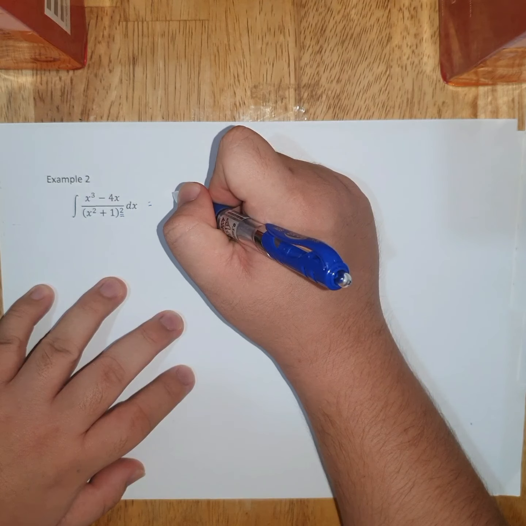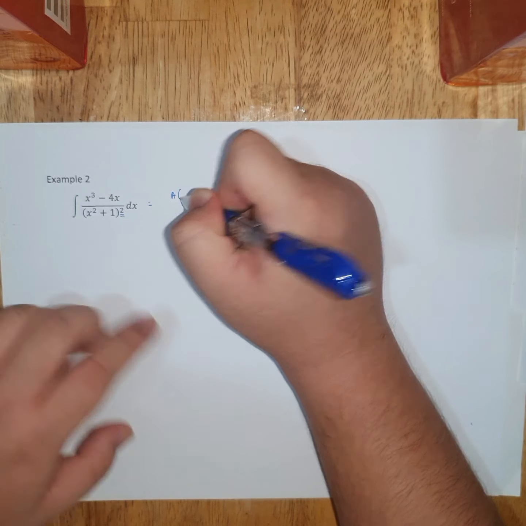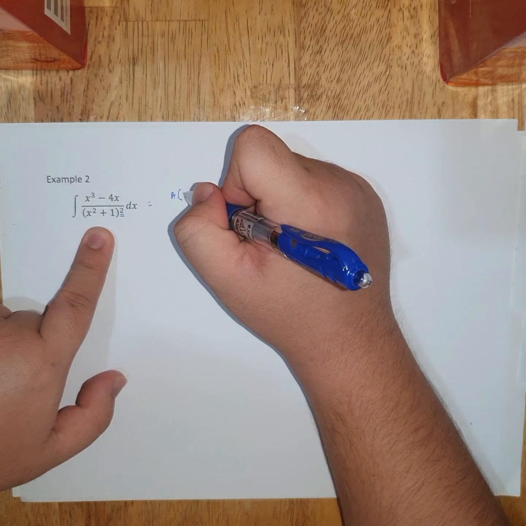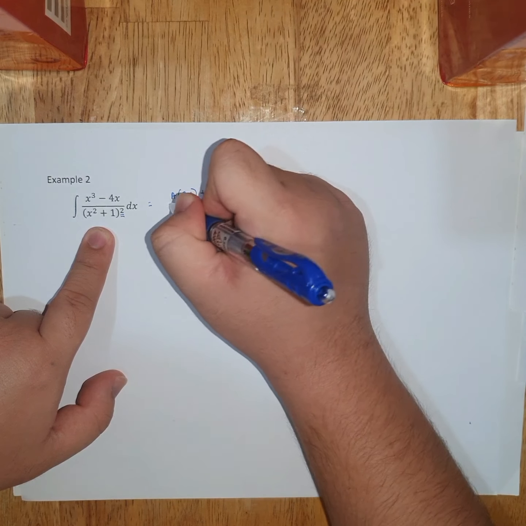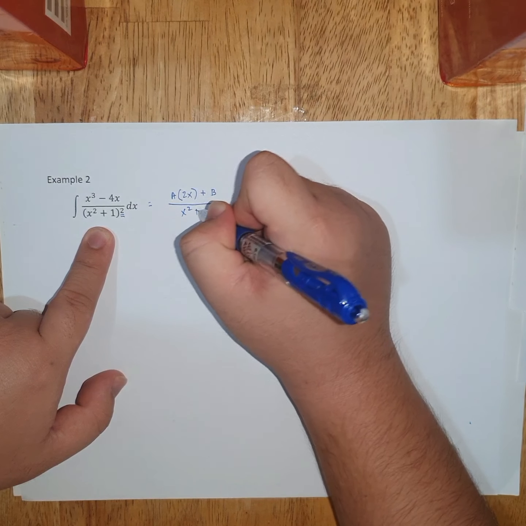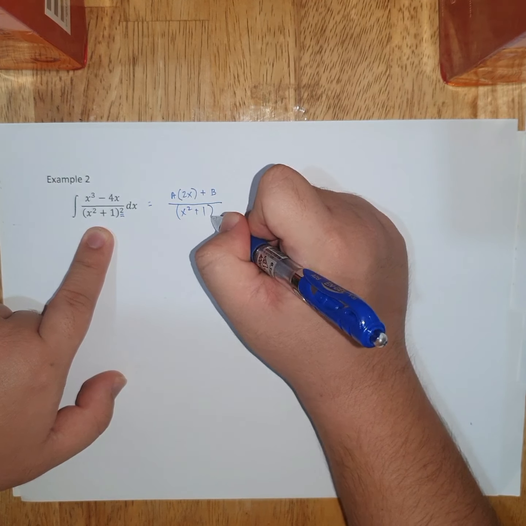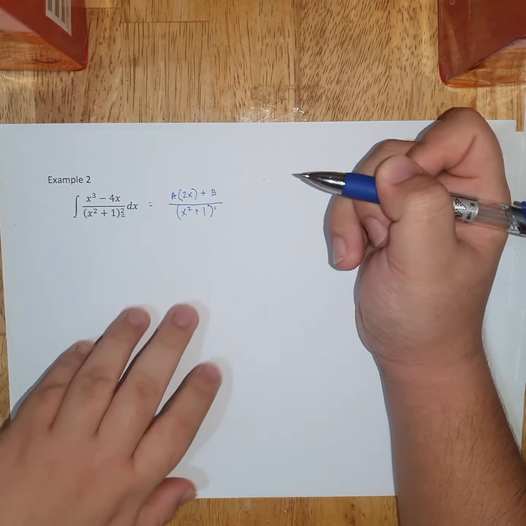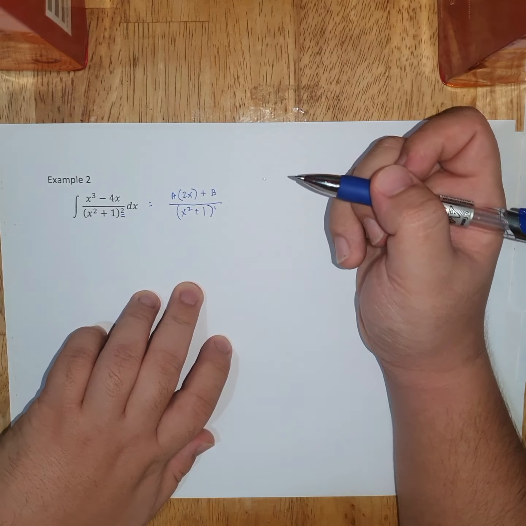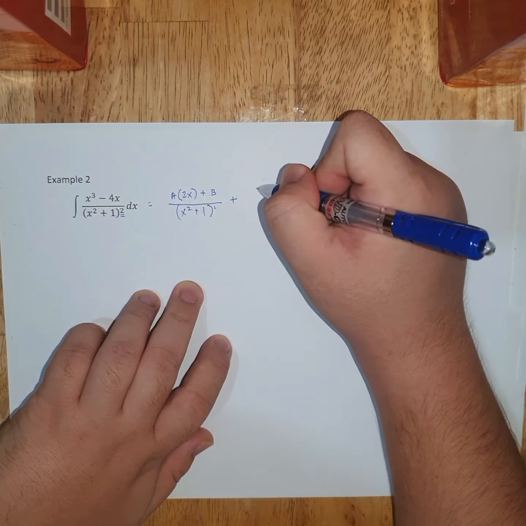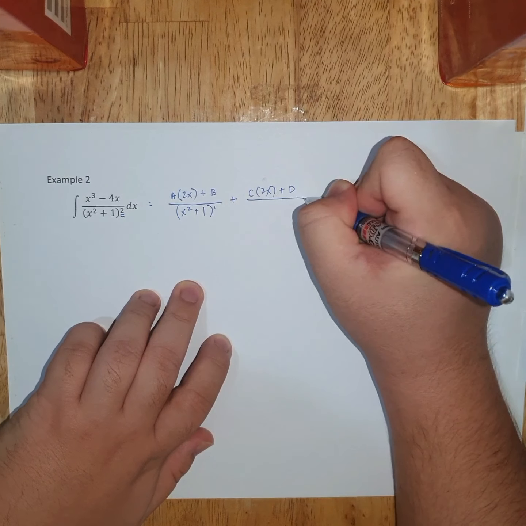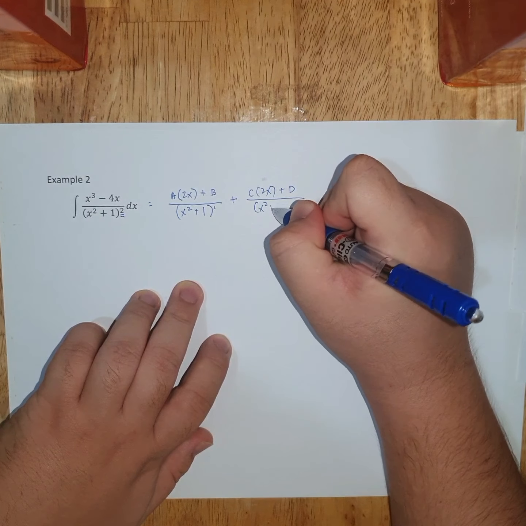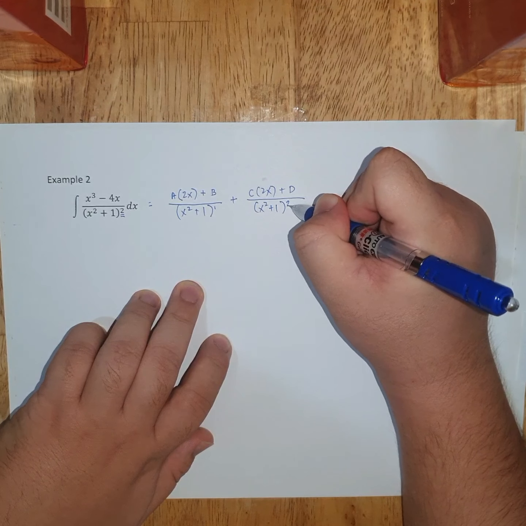So, we will do A times the derivative of what is inside. So we have 2x plus b all over x squared plus 1. So this is the first degree. Okay? Plus c times 2x plus d all over x squared plus 1 squared.